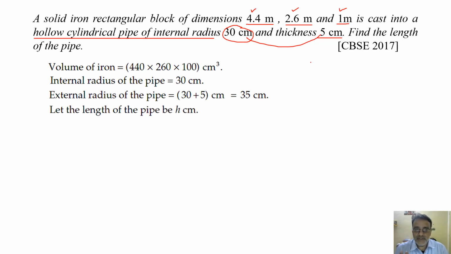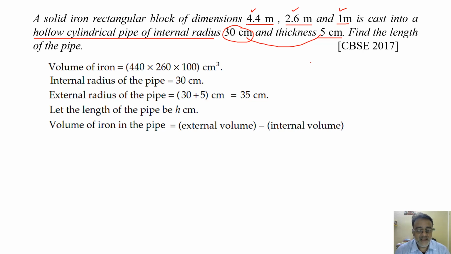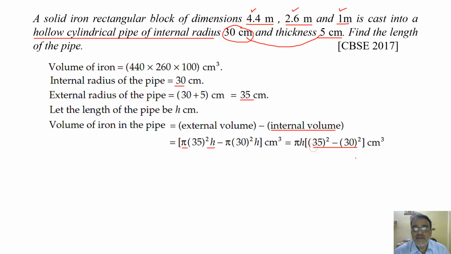So according to the question, the volume of iron in the pipe is equals to external volume minus internal volume. ठीक है, एक्सटर्नल सिलेंडर माइनस इंटरनल सिलेंडर. सो पाई कैपिटल आर स्क्वायर, यहाँ पे कैपिटल आर स्मॉल आर कहीं नहीं लिखे हैं. सो पाई 35 स्क्वायर एच, पाई 30 स्क्वायर एच. सो वी कैन टेक पाई एच कॉमन फ्रॉम बोथ. तो 35 स्क्वायर माइनस 30 स्क्वायर हो जाएगा. ए प्लस बी इंटू ए माइनस बी फॉर्मूला अप्लाई करो. 65 इंटू 5. ये स्टेप क्लियर है?